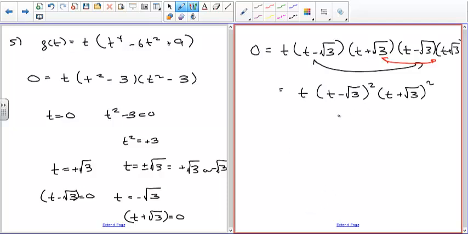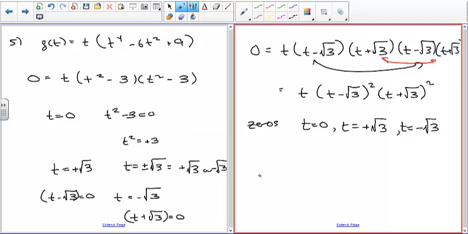So that's the factor. So what we can say is the zeros are t equals 0, t equals plus the square root of 3, t equals minus the square root of 3.